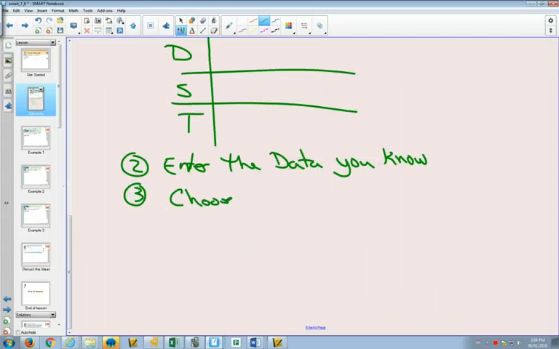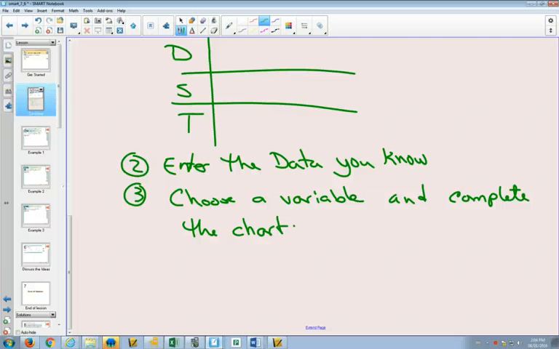We're going to choose a variable, only one variable, and then complete the chart. And in order to complete the chart, we're going to have to use our formulas. Remember yesterday we talked about speed. If you're talking about speed, you're talking kilometers per hour.